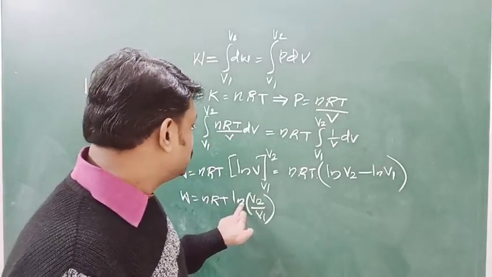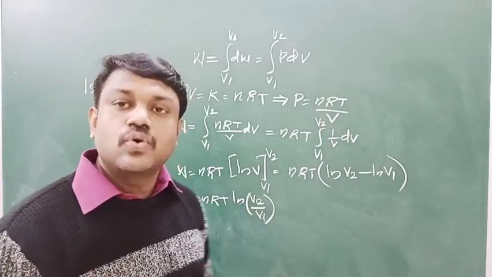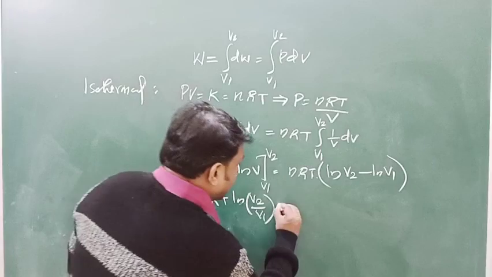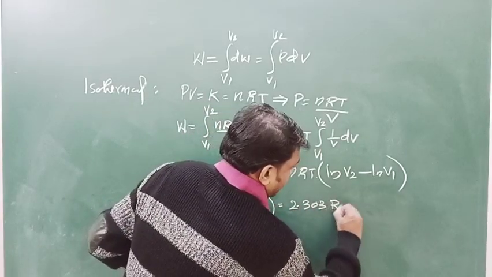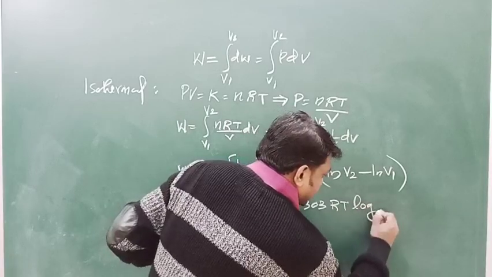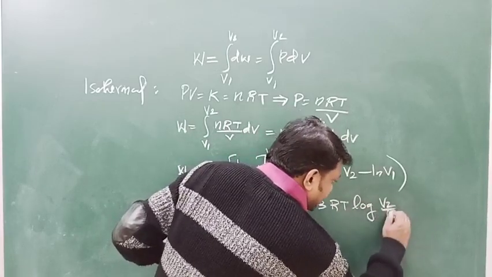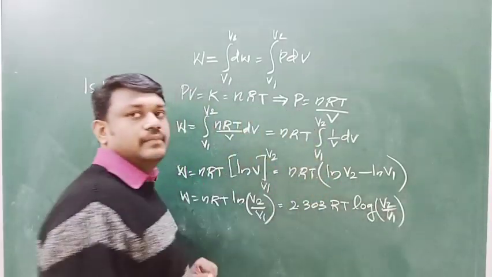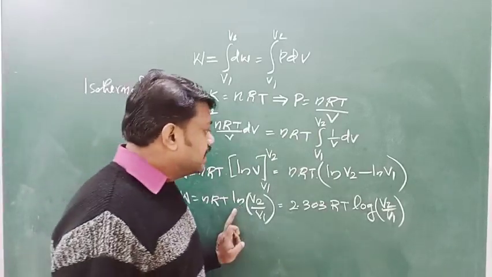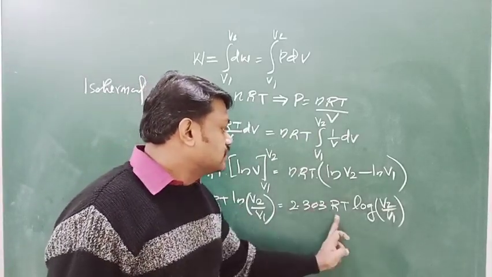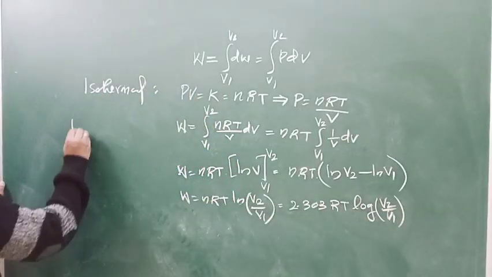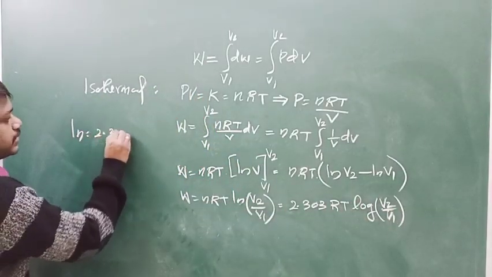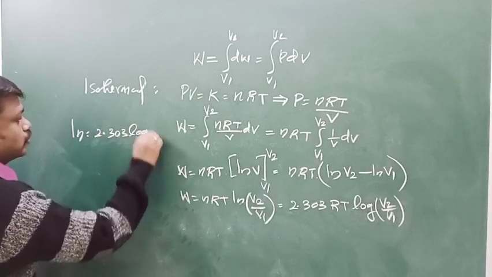And this natural logarithm you can convert into common logarithm by multiplying by 2.303, giving 2.303 RT log V2 by V1. The relation is ln is equal to 2.303 log base 10.